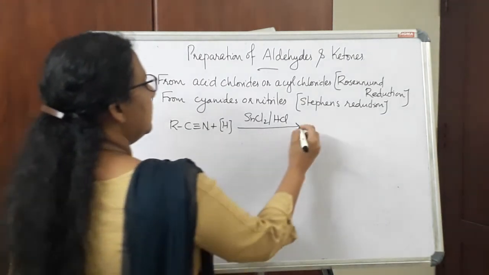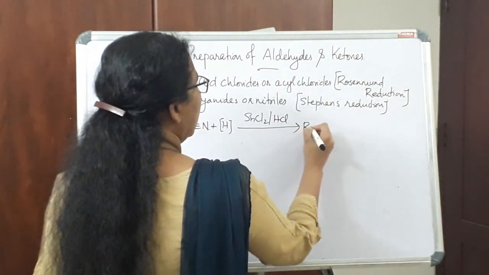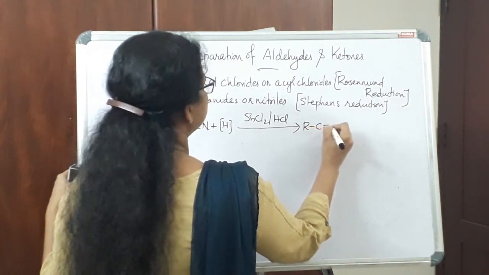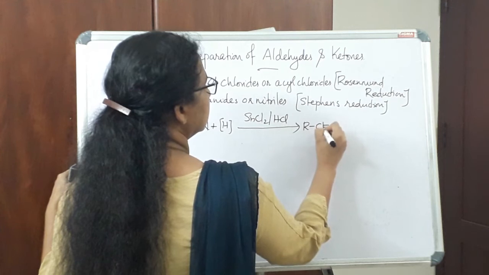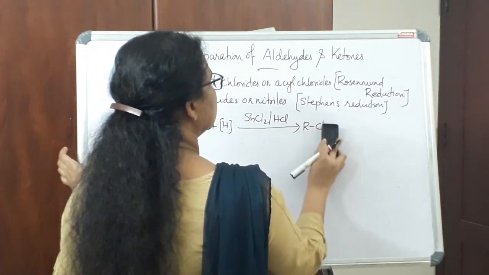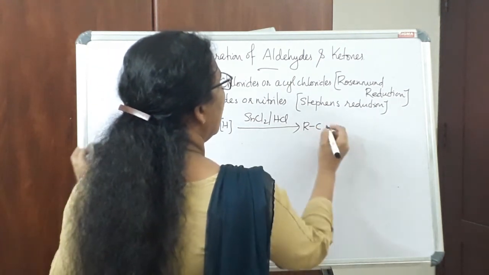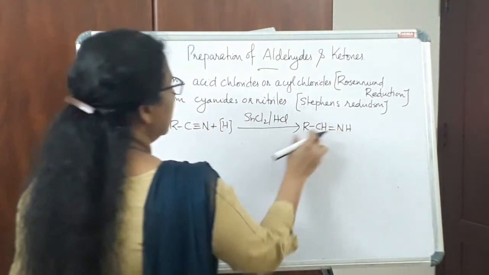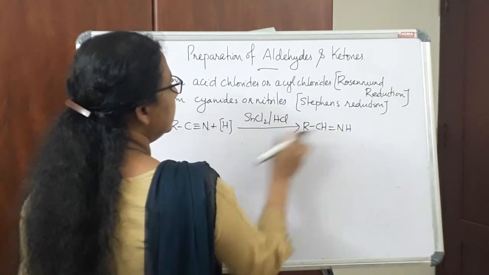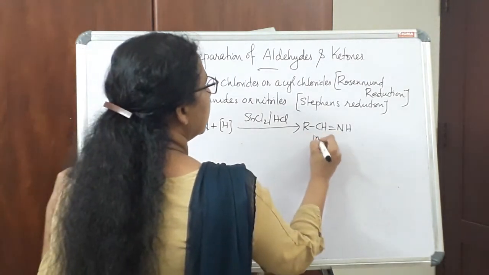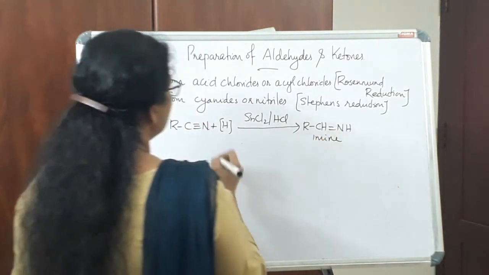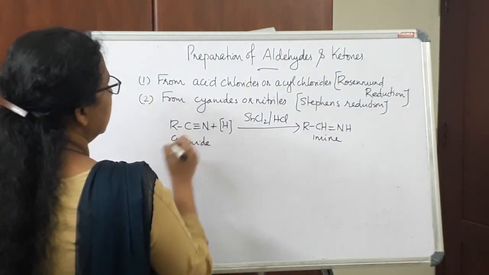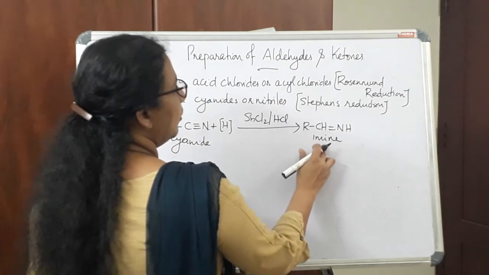In the first step, it will give an intermediate compound, RCH=NH. This is the intermediate compound, generally called imine. So when cyanide is reduced it gives the corresponding imine.